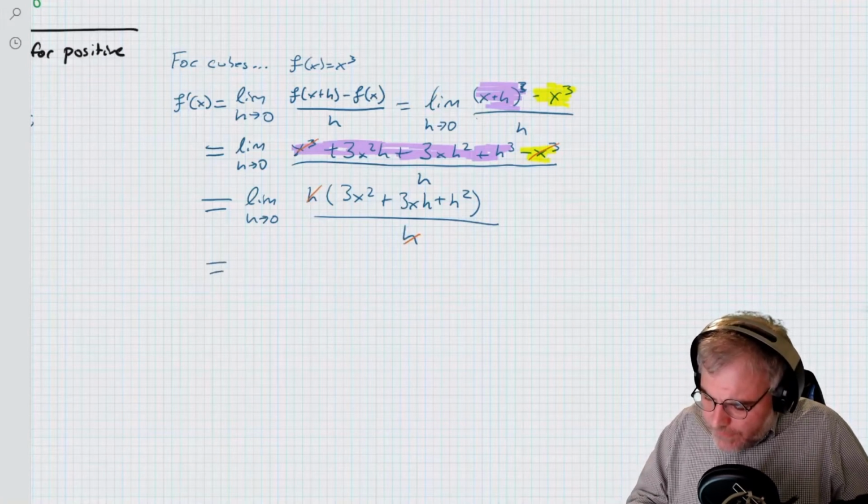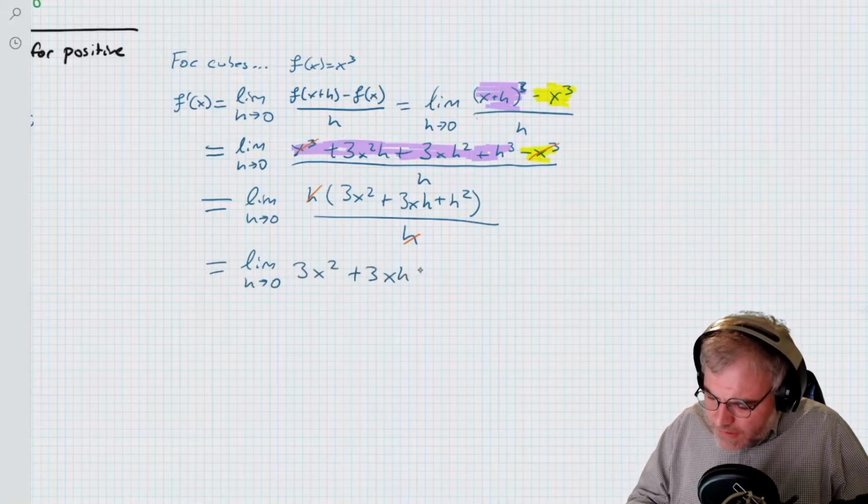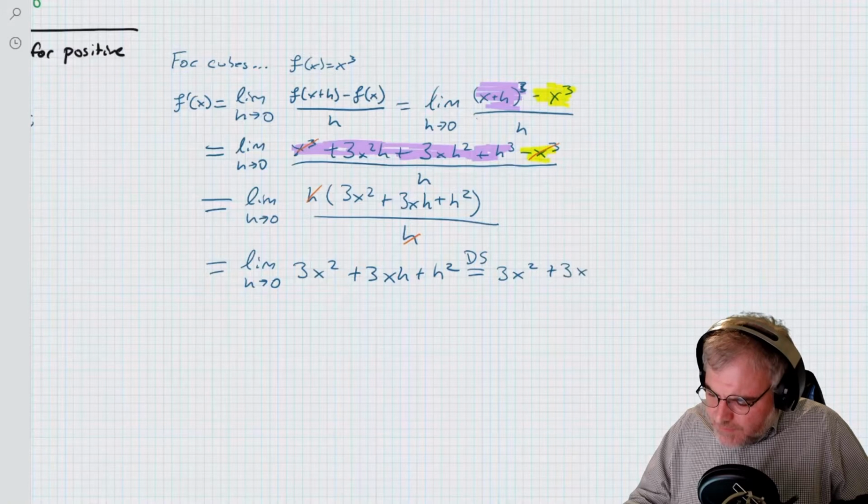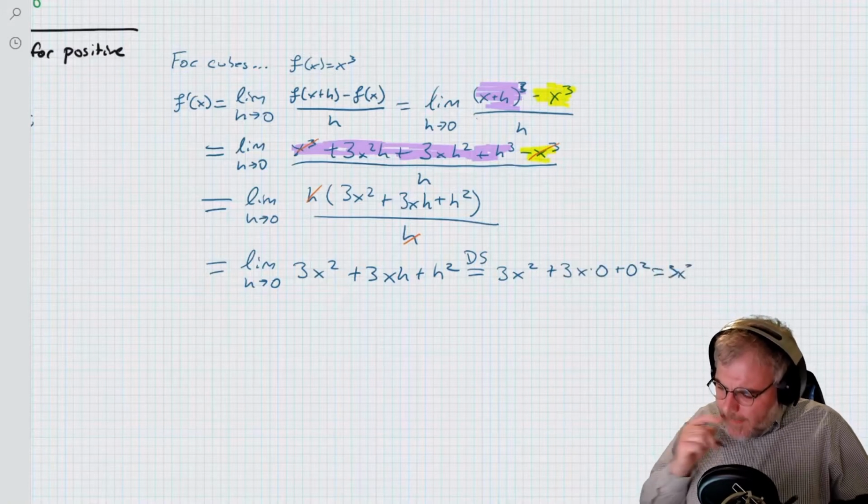And what I'm left with is the limit as h goes to 0 of 3x squared plus 3xh plus h squared. And that, as h goes to 0, becomes 3x squared plus 3x times 0 plus 0 squared, which equals 3x squared.